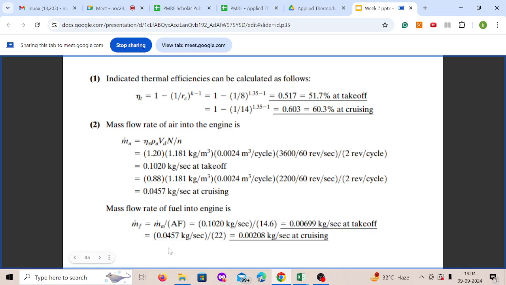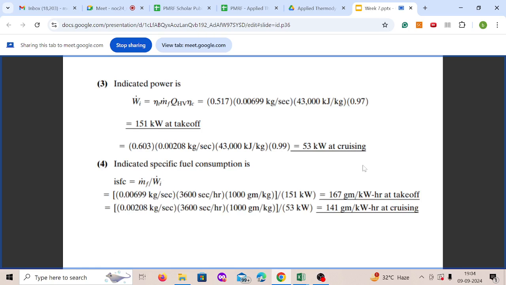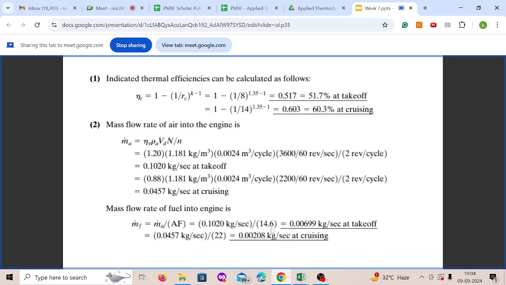The mass of fuel at cruising is 0.0457 mass of air divided by the air fuel ratio, which comes out to be 0.00208 kg per second at cruising. Cruising is nothing but your vehicle running at a constant speed.